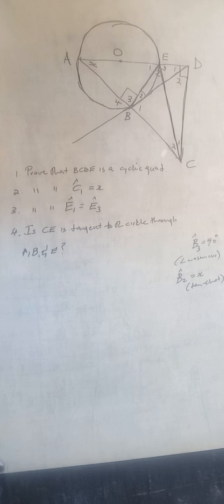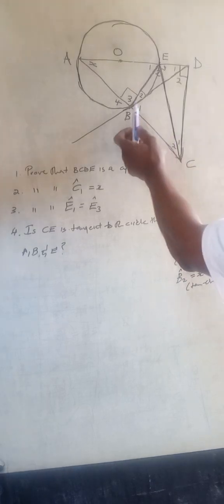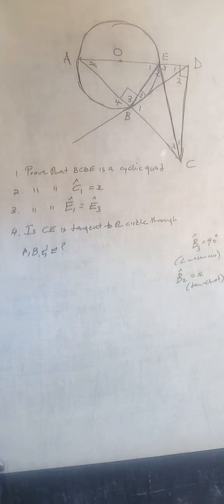Prove that BCDE is a cyclic quadrilateral. What do we know about a cyclic quadrilateral?